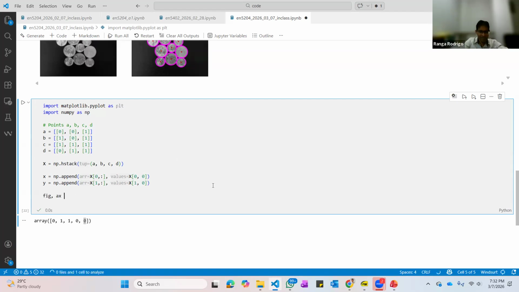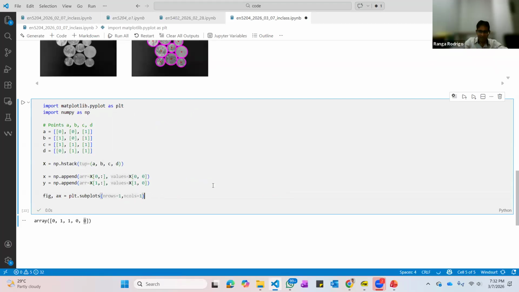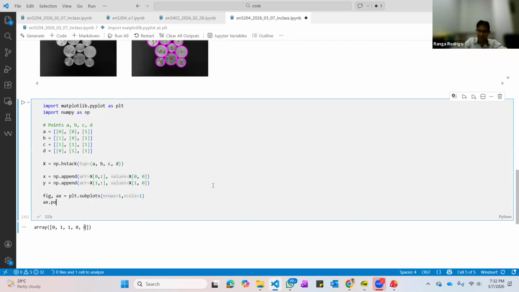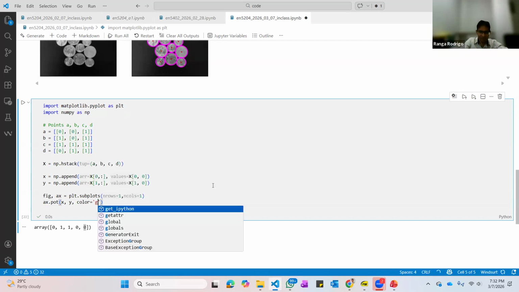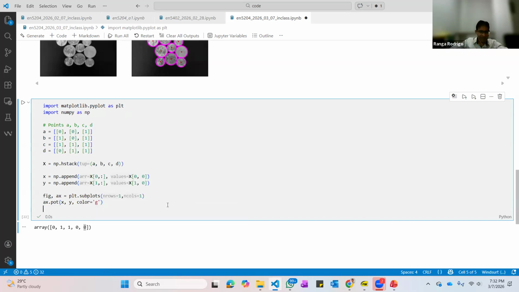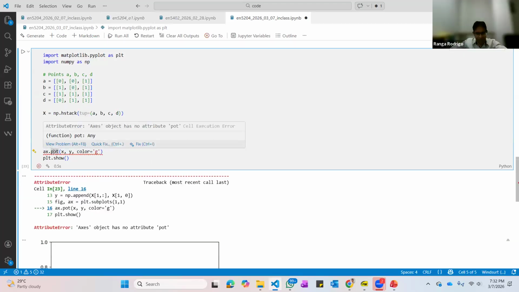Then I can plot it. Figure, ax equals plt.subplots 1, 1 or something. ax.plot x and y with color equals green or something. plt.show. So there's a plot.